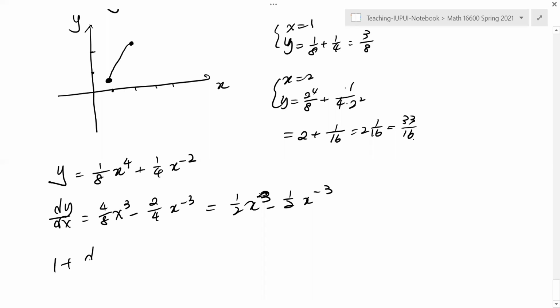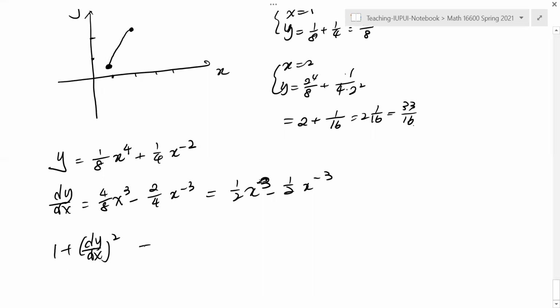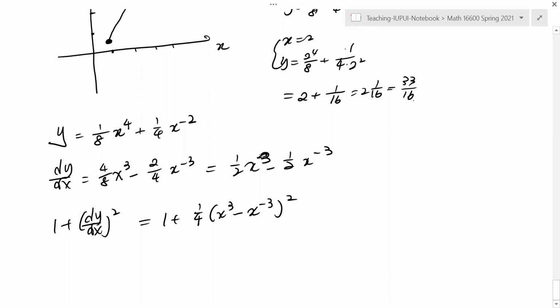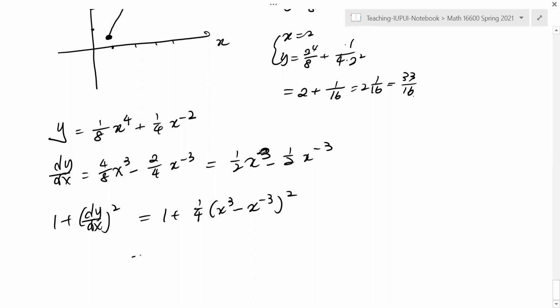So 1 plus dy over dx squared is going to be 1 plus 1/4 x cubed minus x to the negative cube, squared. Okay. Now, when I square it, I get x to the 6th power minus 2 plus x to the negative 6th power.